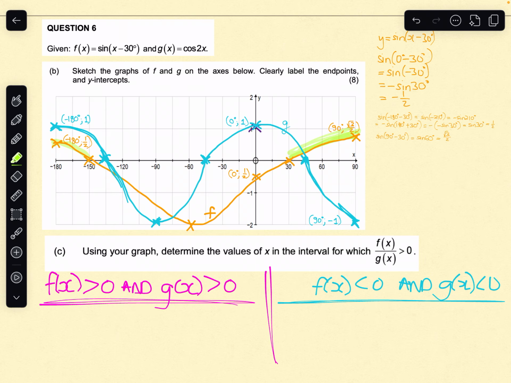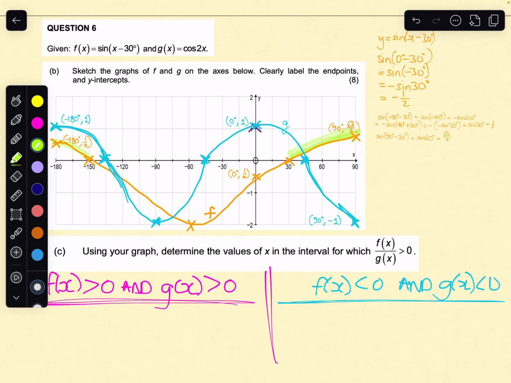Right, so now within this subinterval and this subinterval, I want to see where g of x is also positive. So maybe it's easier to highlight this way.